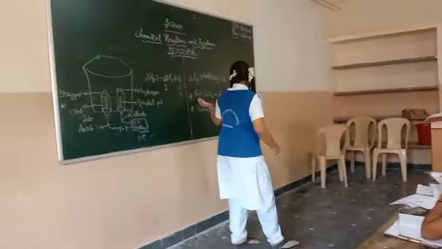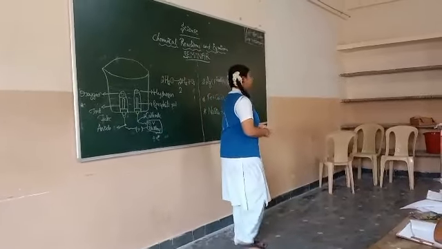The equation is Fe plus CuSO4 gives rise to FeSO4 plus Cu.